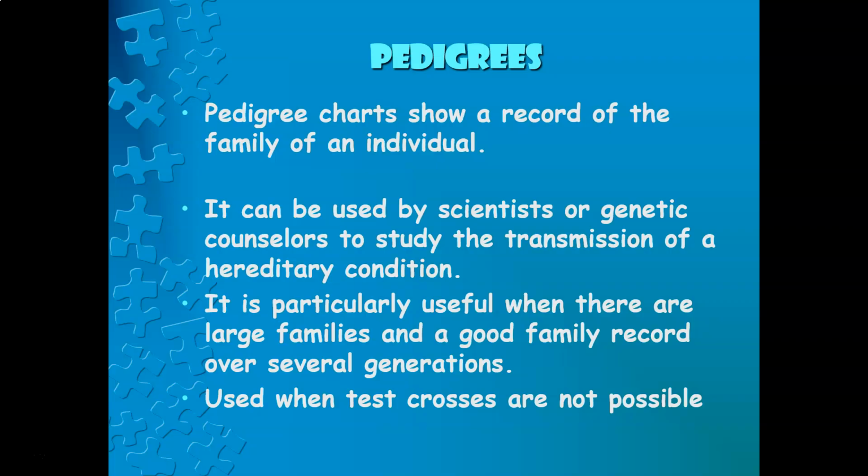First off, they're great to use when we talk about characteristics in organisms where doing some sort of test cross just really isn't a viable option. Remember, those test crosses are taking an individual who is showing a dominant trait, but we want to know whether or not that individual is homozygous or heterozygous. So if I were capable of doing a test cross, I would take that individual who is dominant for the characteristic, mate him with somebody who is recessive, because then I know that person is homozygous, and I would study their offspring.